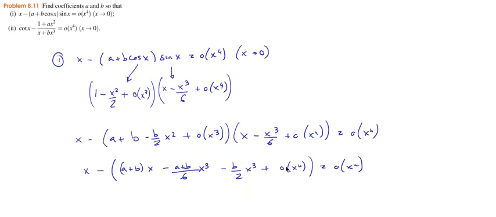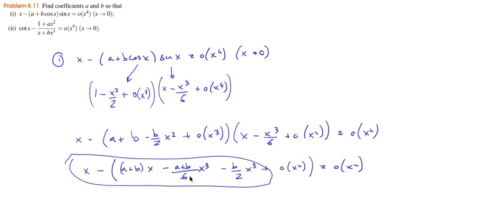Now if we want all of this to be small o of x to the fourth, that means that this part here has to be equal to 0 for every x. So the coefficient of the x term has to be equal to 0. In other words, 1 minus a minus b has to be equal to 0, and the coefficient of x cubed has to be equal to 0.